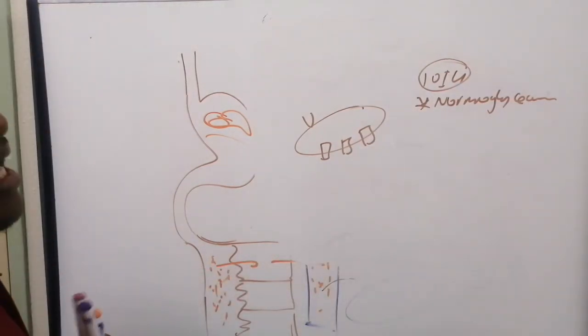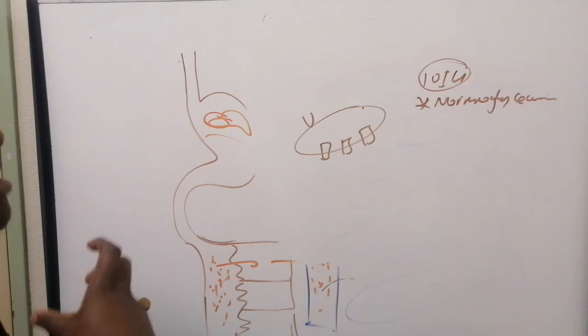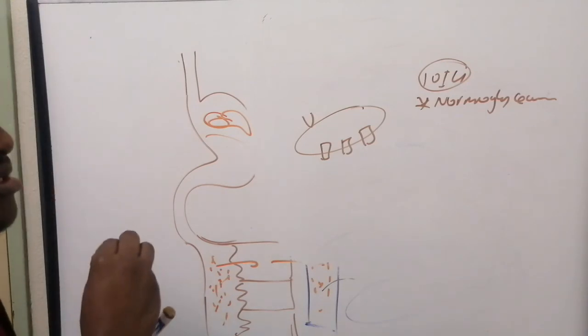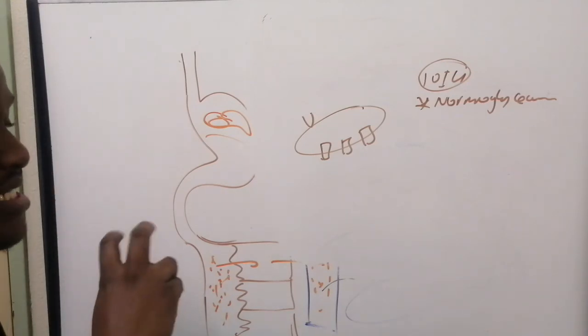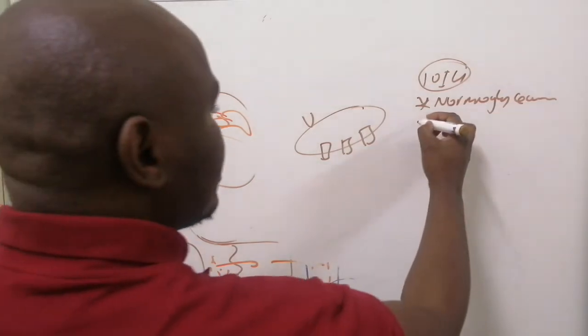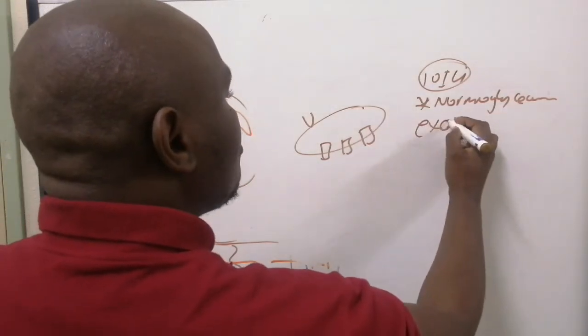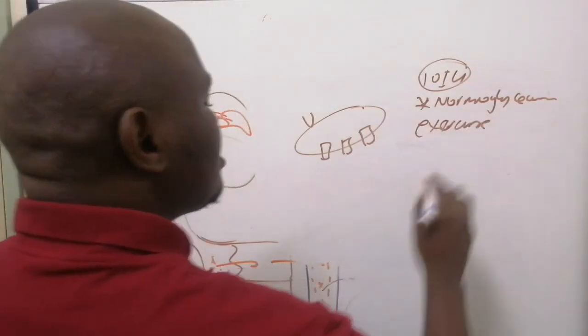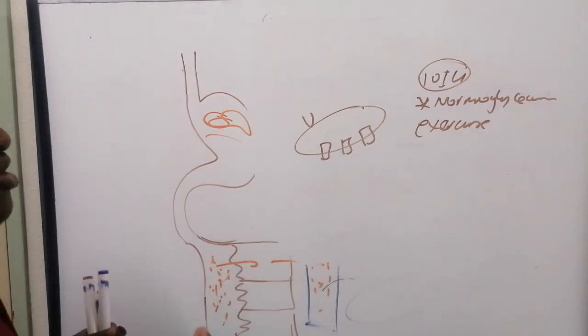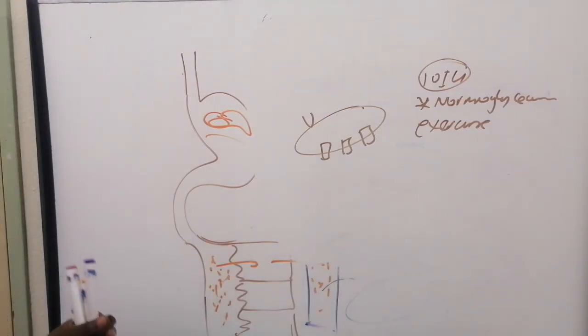Now, when you are exercising, you are bringing in a second method of taking glucose from the blood into the cells, which is the exercise, like we explained with how exercise causes the upregulation and expression of GLUT4 glucose transporters.